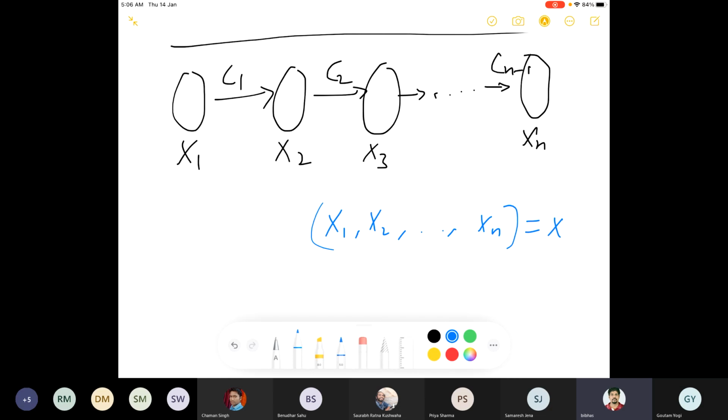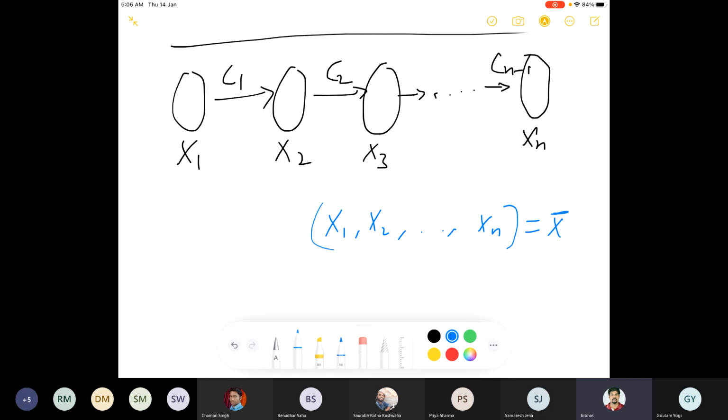Earlier when you talked about a pair of random variables, this is a random vector having dimension 2, but here it is dimension n. So sometimes we write it as x bar to mean that it is a vector.